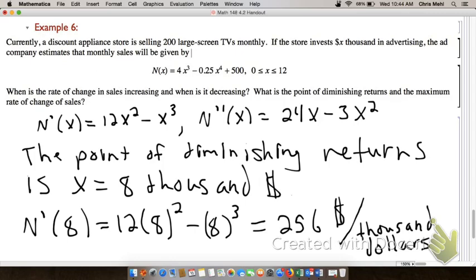And what that really means is that every $1,000 you spend on advertising, you can expect your sales to increase by $256.